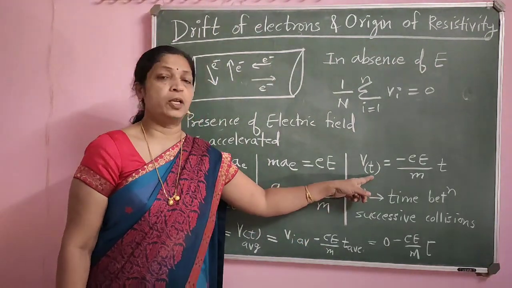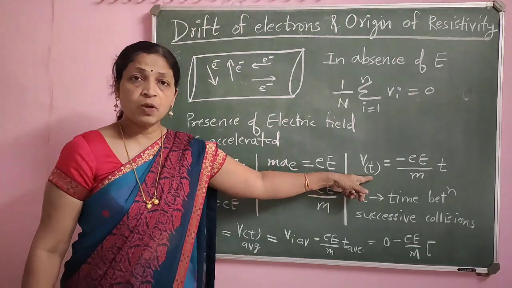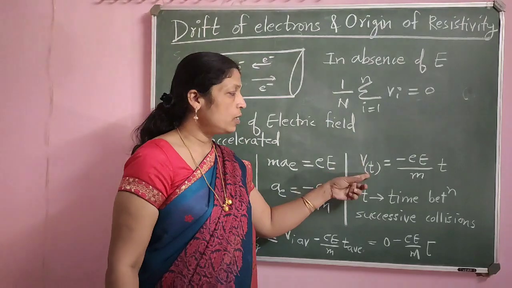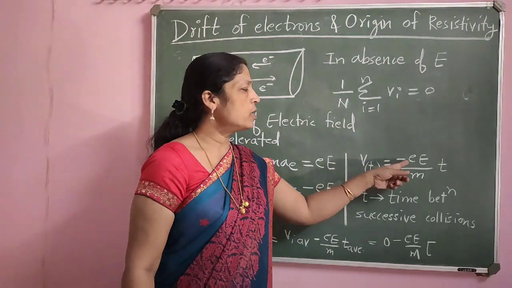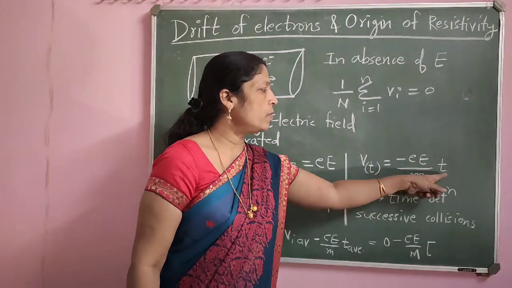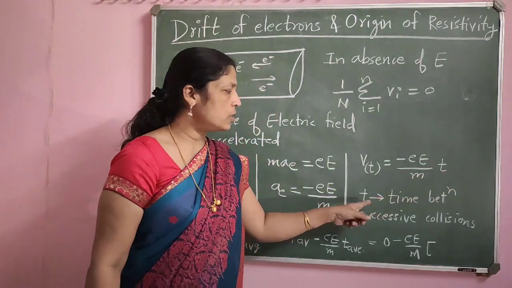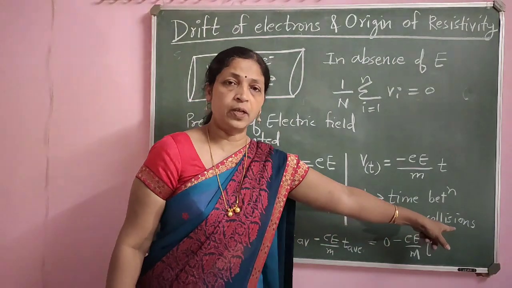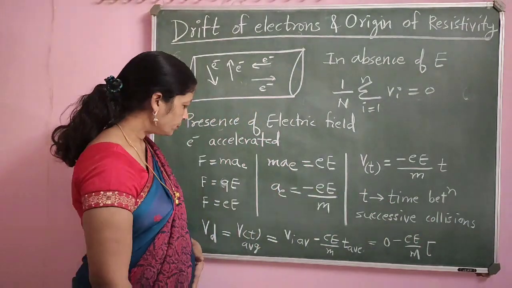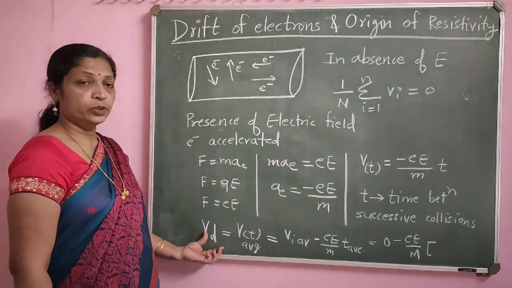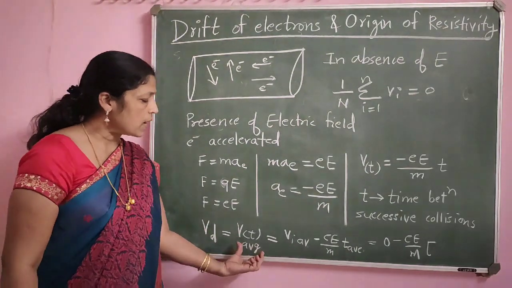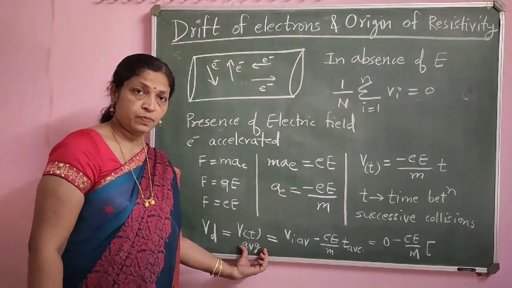Now the velocity in the presence of the external electric field becomes V(t) at time t, minus eE upon m into t. What is t here? It is the time between successive collisions of the electron with the ions. Drift velocity is nothing but the final average velocity.